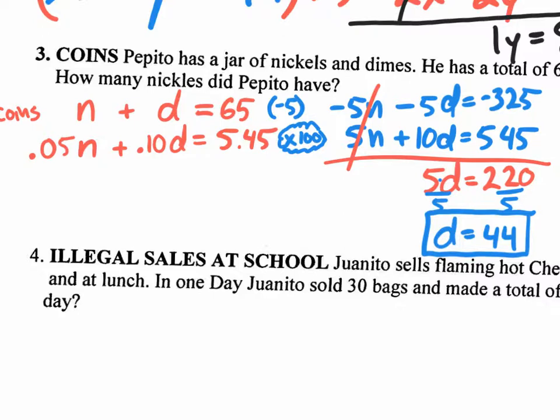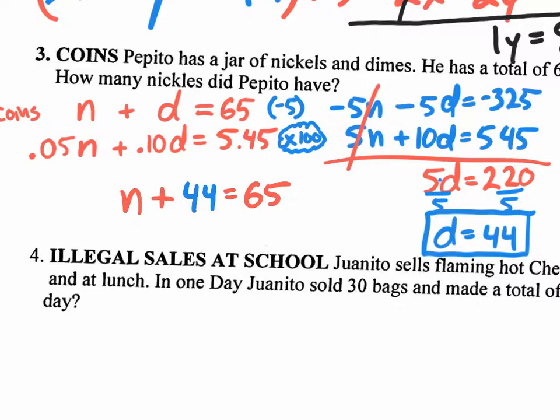So you're just going to plug it back in, and of course you could just do it in your head, subtract 44 from 65. But anyways, I want to actually show my work here. I'm going to go to the top equation, n plus d equals 65. So the number of nickels, n, plus the number of dimes, but of course I know it's 44 dimes, has to equal a total of 65.